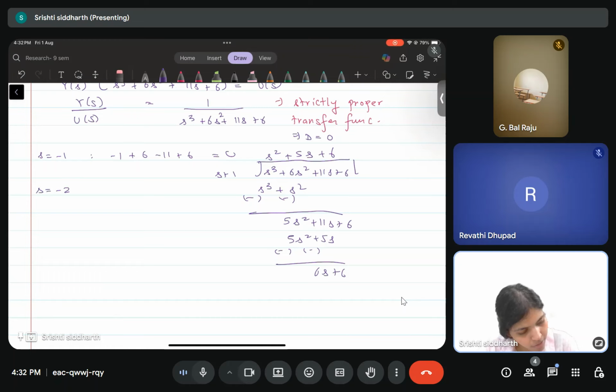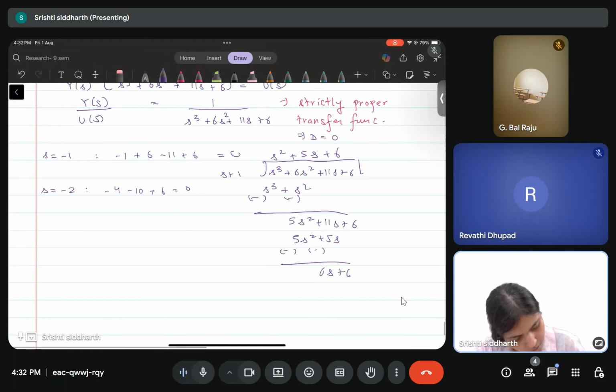If you write s equals -2, we get 4 minus 10 plus 6, which is 0.